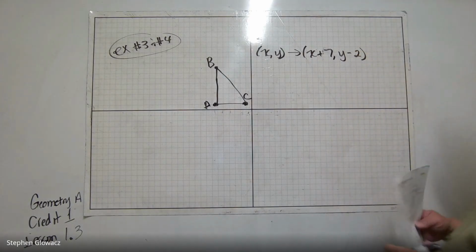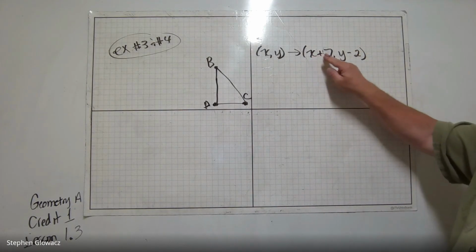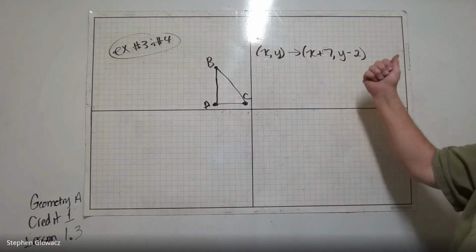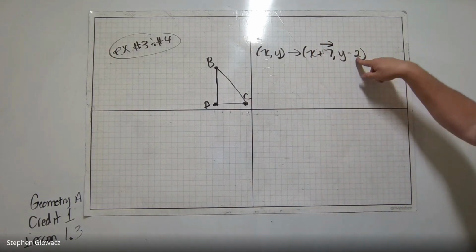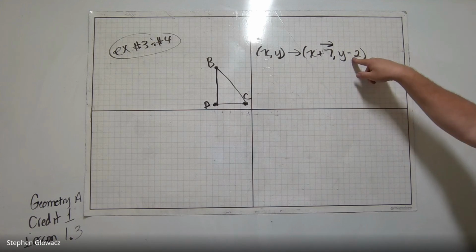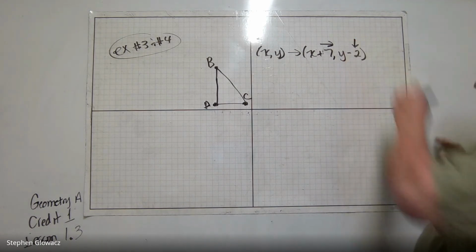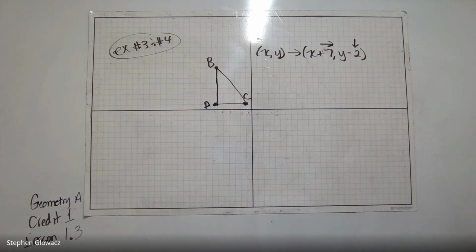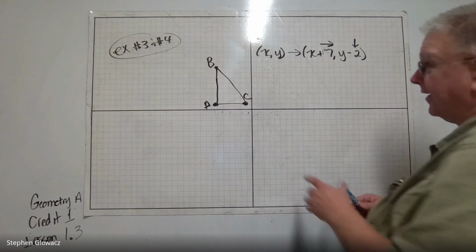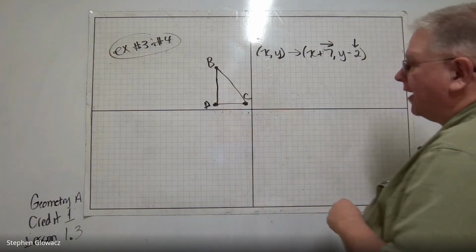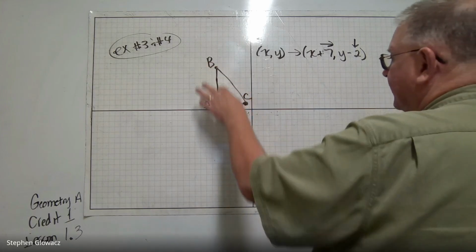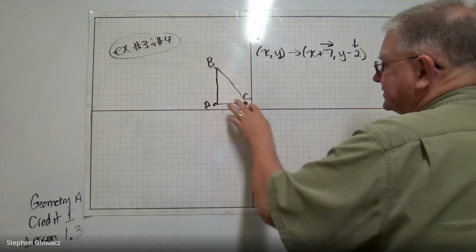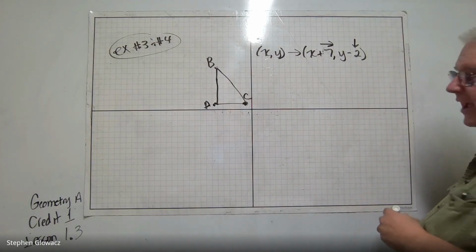What that means is that we're going to move the figure plus 7 along the x-axis, so 7 to the right, and then 2 in the negative direction along the y-axis, so 2 down. Every point on the figure is going to follow this rule. The easiest way to do this is to do that for each of the vertex points A, B, and C, and then connect those and we'll have our figure.